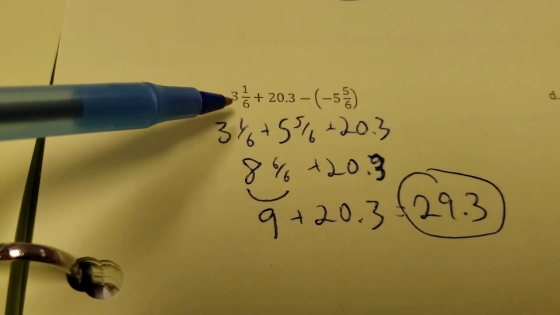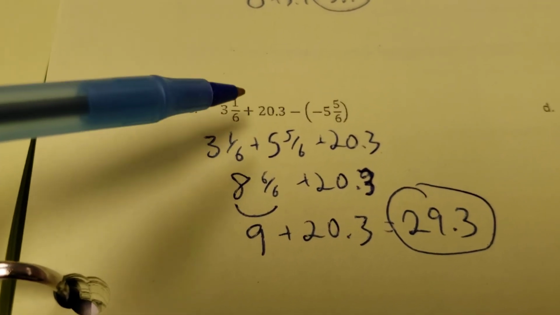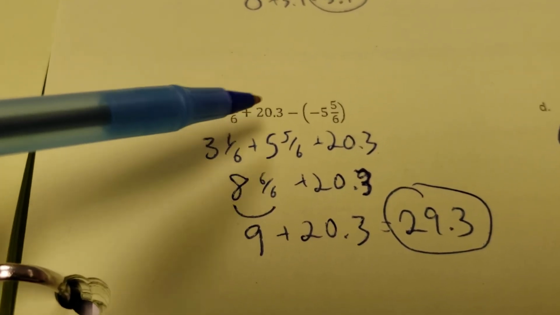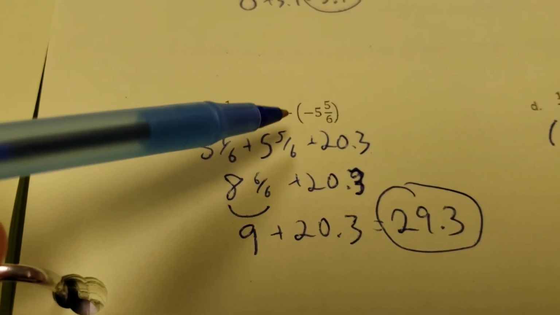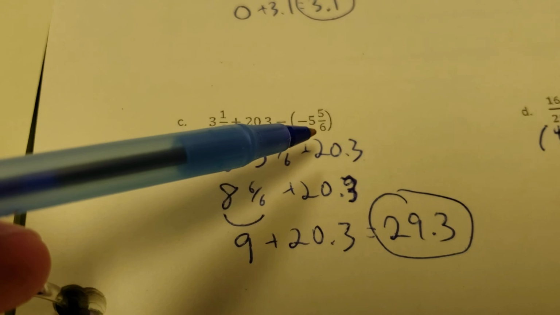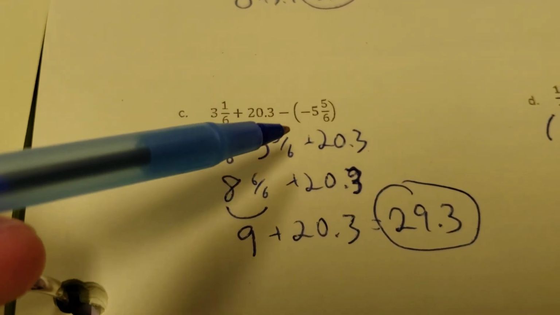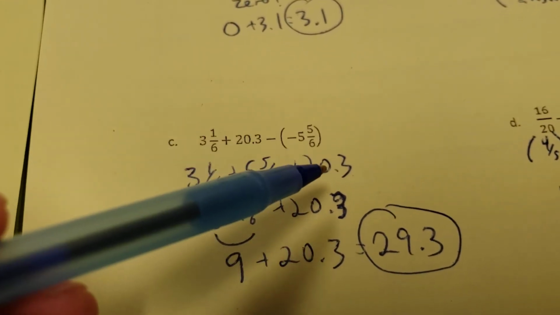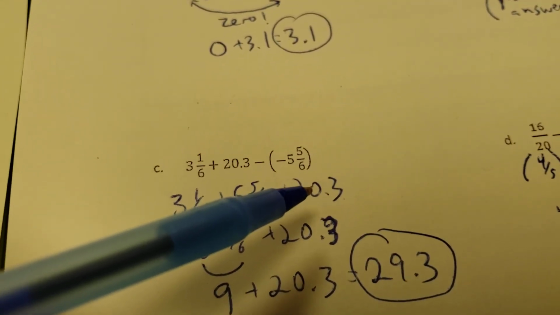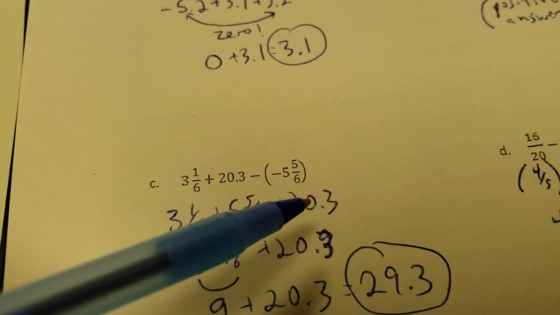All right, so next up, I got 3 1/6 plus 20.3 minus negative 5 and 5/6. So I'm going to change this minus to a plus, and the opposite of negative 5 and 5/6 is a positive 5 and 5/6. Now notice how I grouped the two mixed numbers together. The decimal number I put on the end, because normally we don't add and subtract positive and negative decimal and fraction numbers all in the same problem.